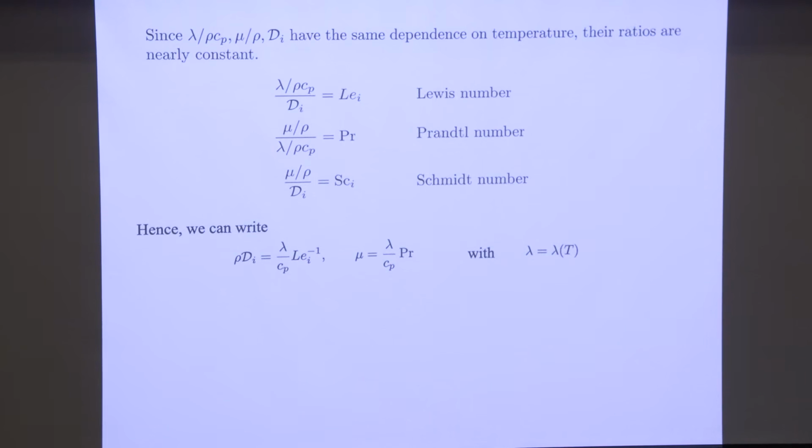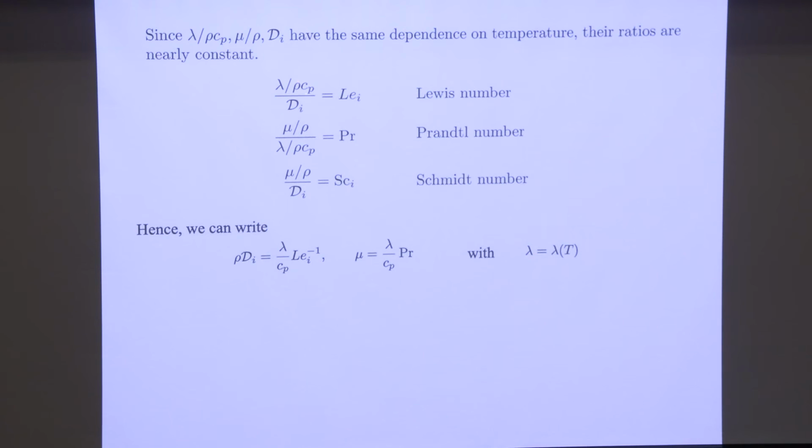And very often they are used as such. If you want to retain some of the temperature dependence of these coefficients, you can always write the mass diffusion as lambda over Cp multiplied by the inverse of the Lewis number.